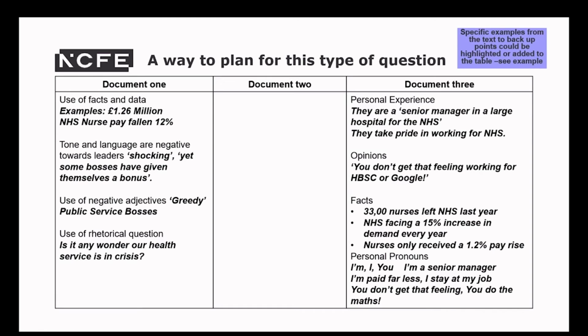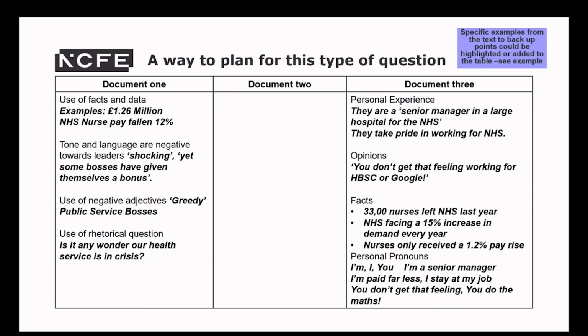So one way to plan for this type of question, again, is using that table. However, you'll notice the document 2 column is blank because this question is only asking you to look at document 1 and document 3. Therefore, it is really important that you read the question carefully so you are actually answering what you're being asked to do.